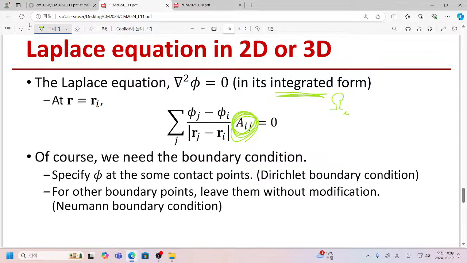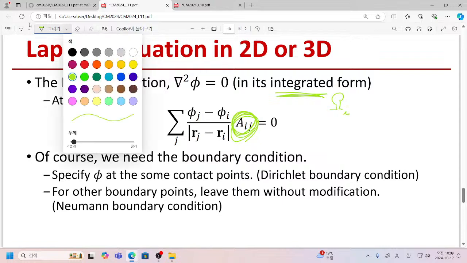So when you have a certain device structure, what you have to do is calculate this A sub ij component. Then by evaluating this Laplace equation over all your discretized points, you will get the discretized version of the Laplace equation.